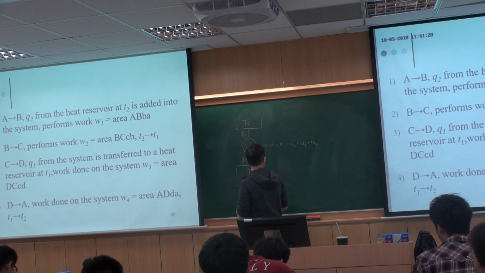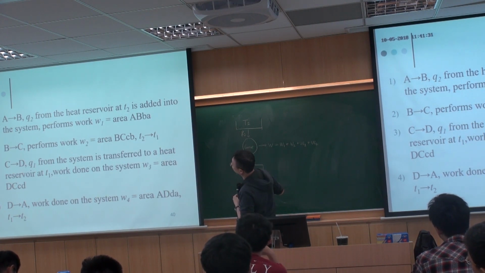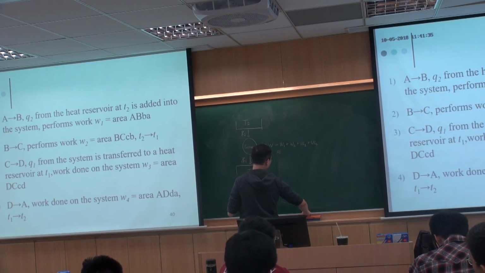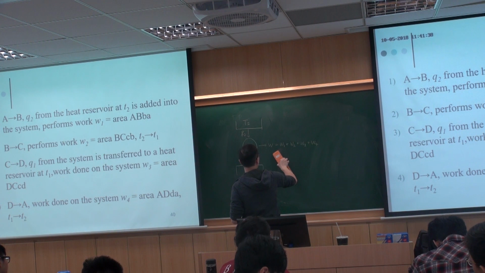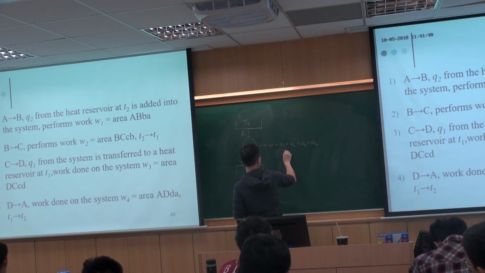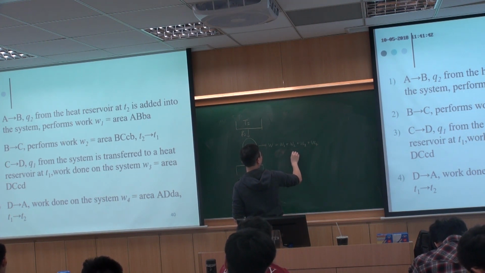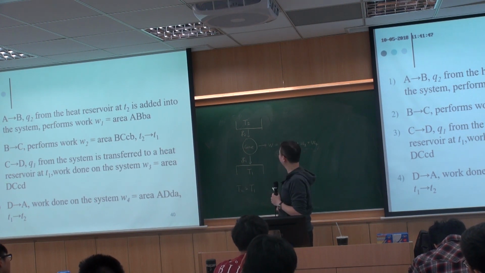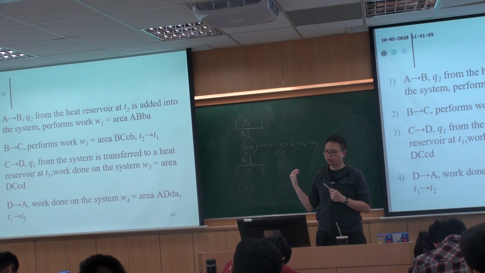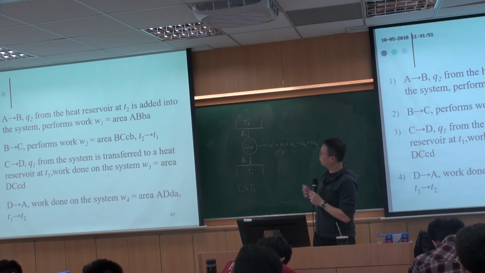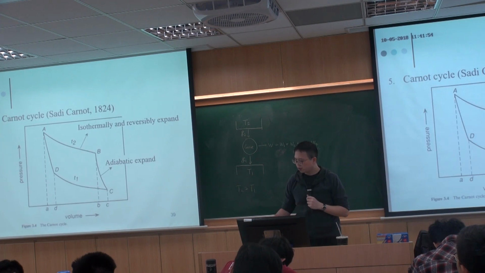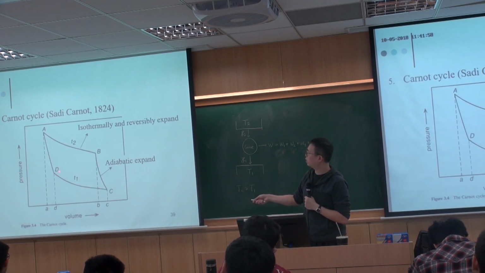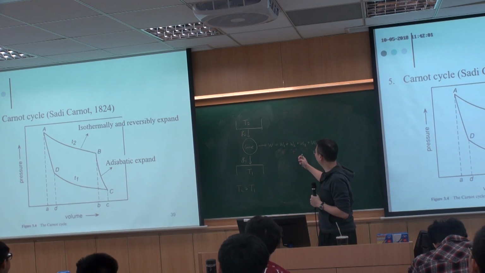So you'll see that for these two, this is A, B. I don't want to write this, but this is positive, and this is negative, and this is negative. Right? So there's no problem with these things. Although it states that it's the area, we're going backwards. So for C to D and D to A, the work will be negative.